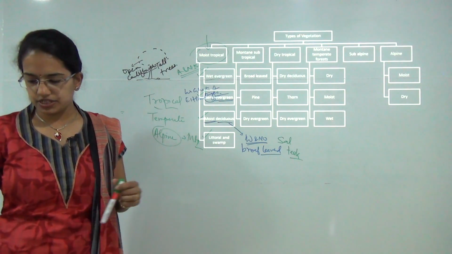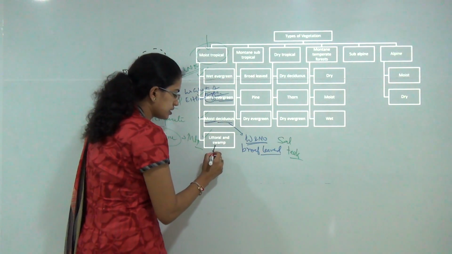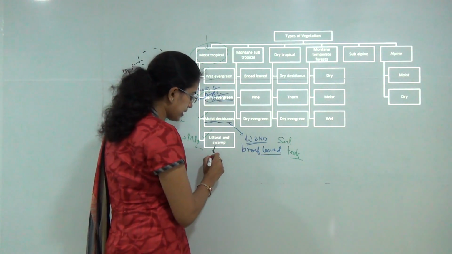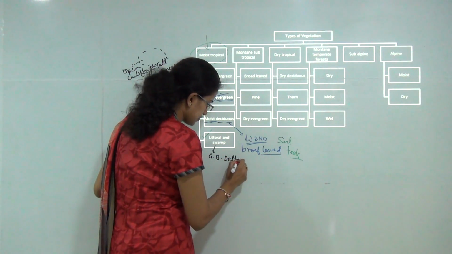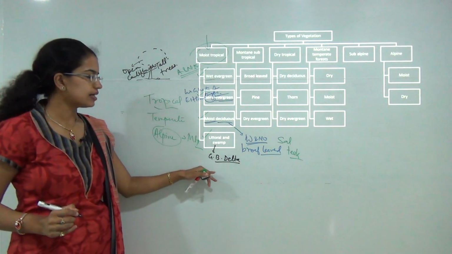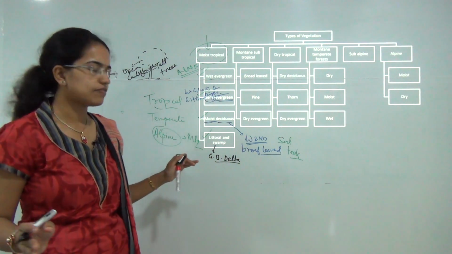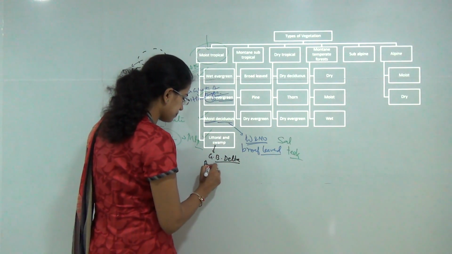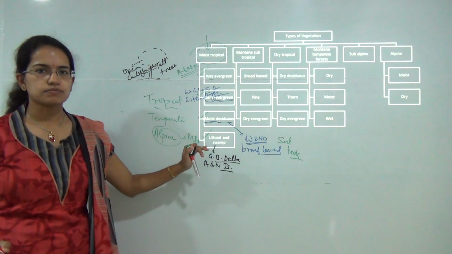And then you have littoral and swampy vegetation. This is found in the regions of the Ganga and Brahmaputra Delta. That's one area where you will find littoral swamps commonly. Then you have the regions of Andaman and Nicobar, where again you will find littoral swamps.